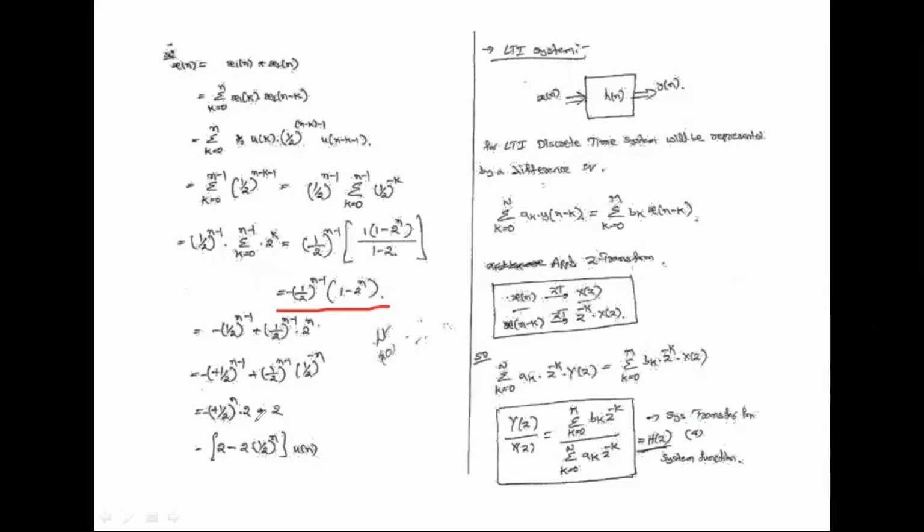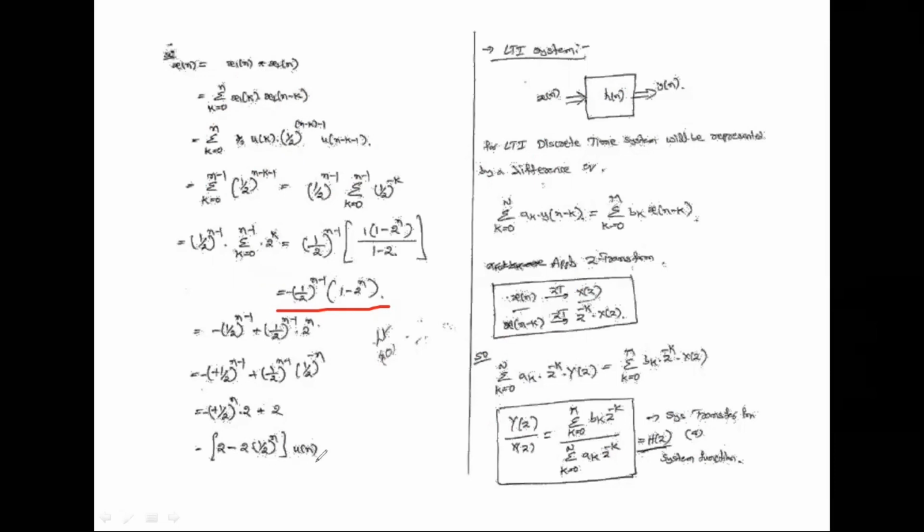Simplify this one: 1 minus 1 by 2 whole power n minus 1, and because it is 1 minus, if I take the plus value, simplifying it is 2 minus 2 into 1 by 2 whole power n, mu of n.